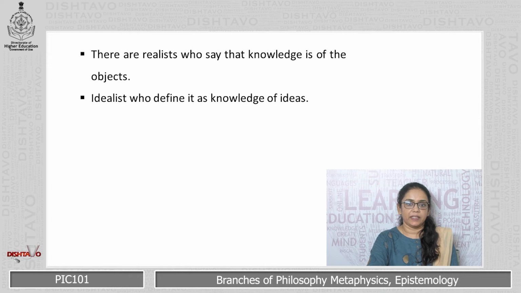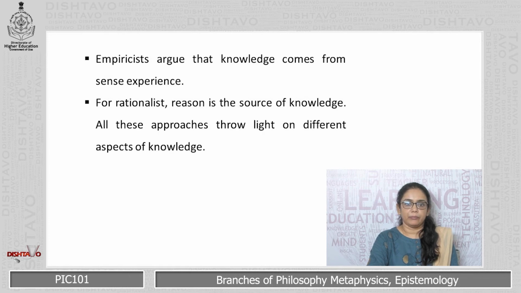From these we have 2 main answers, namely the empiricists who argue that knowledge comes from sense experience, whereas the rationalists argue that reason is the source of knowledge. These are the 2 main schools of philosophy, rationalism and empiricism, which give us the foundation of knowledge. So, all these approaches throw light on different aspects of knowledge.